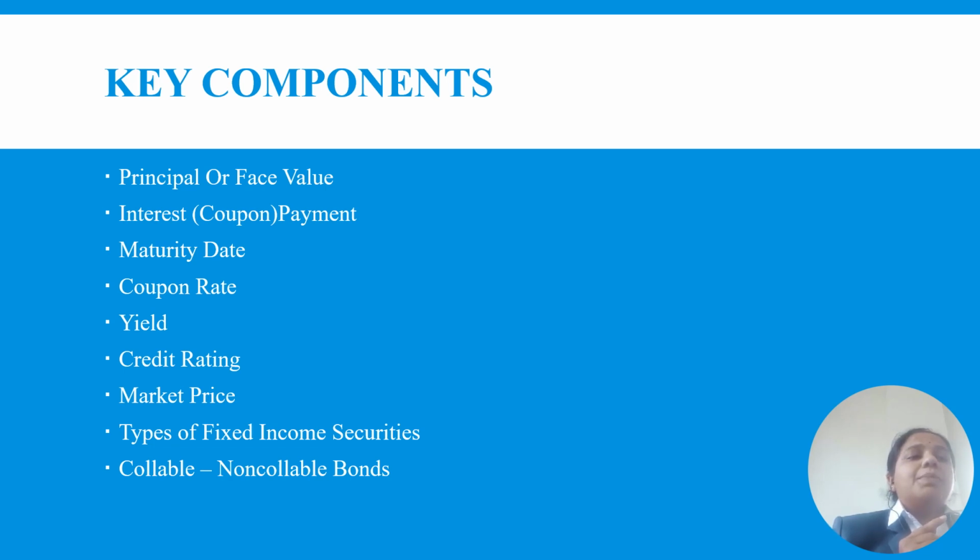Then yield. Yield represents the effective rate of return on the bond and takes into account both coupon payments and any capital gains or losses. Yield can fluctuate based on changes in market conditions and interest rates. Next, credit rating. Bonds are assigned a credit rating by credit rating agencies, reflecting the issuer's creditworthiness.